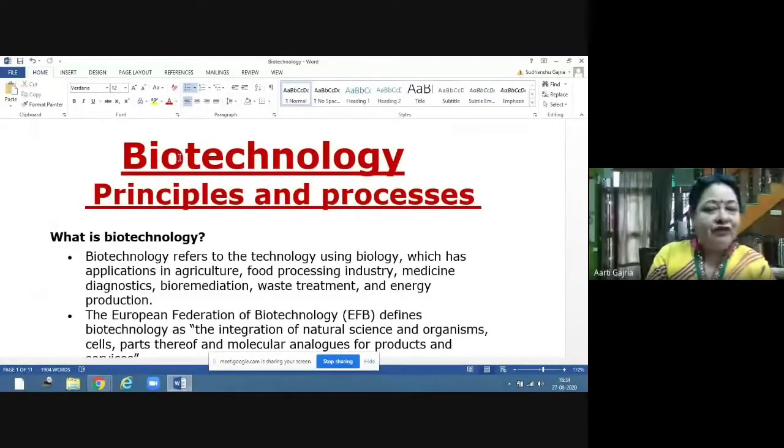So what will you do? You will select one plant which is resistant to diseases, and one plant which has good nutrient quality. Crossbreed them, and then you will get a tomato which is good in nutrient quality, and the plant is also resistant to diseases. But 100% guarantee is not there.